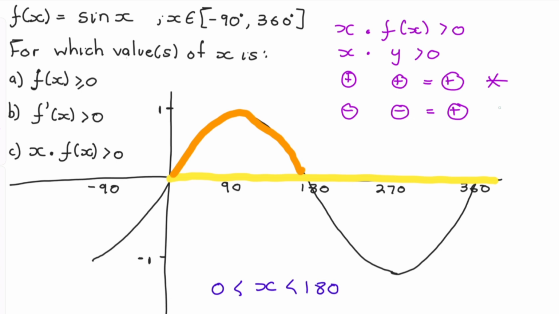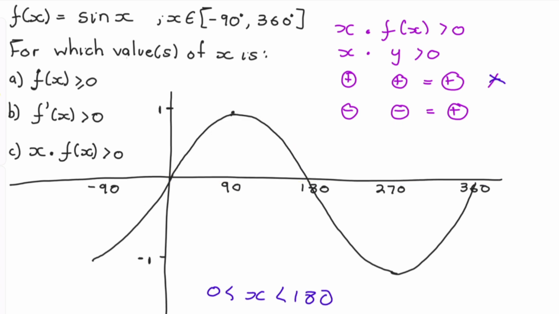Now the second part could be where we have negative x values as well as the graph being below the x-axis. So where do we have negative x values? On this side. And then where is this graph below the x-axis? That is here and here, right?